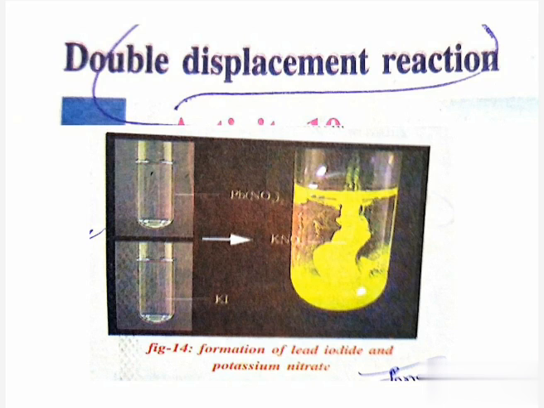This precipitate is nothing but lead iodide. So lead nitrate plus potassium iodide gives lead iodide and potassium nitrate.